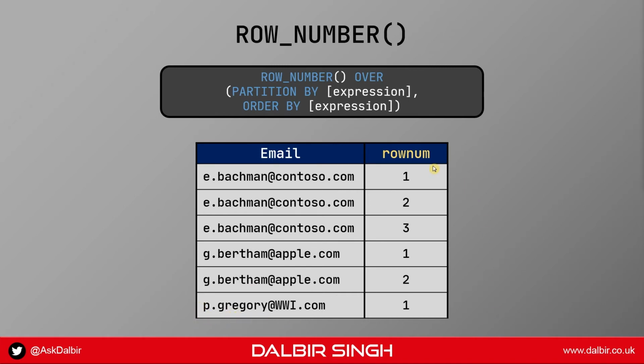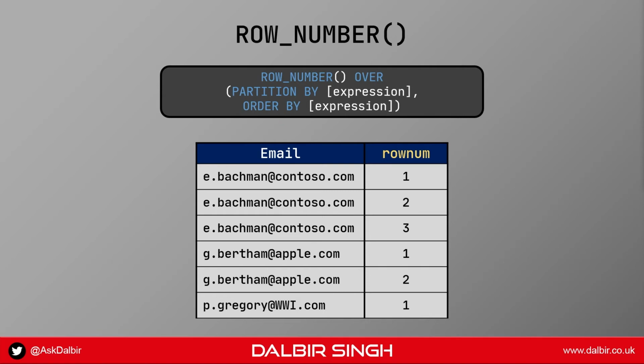And what that means is that the row numbering will start from 1 and continue upwards for however many instances of this email there is within this window. And then as you can see, the email then changes because we reach the last instance of e.bachman. And this is now a new window, and so we start from 1 again and count upwards. And this is also where the order by starts to make sense, because remember earlier that I said that the order by is not the overall presentation order by.